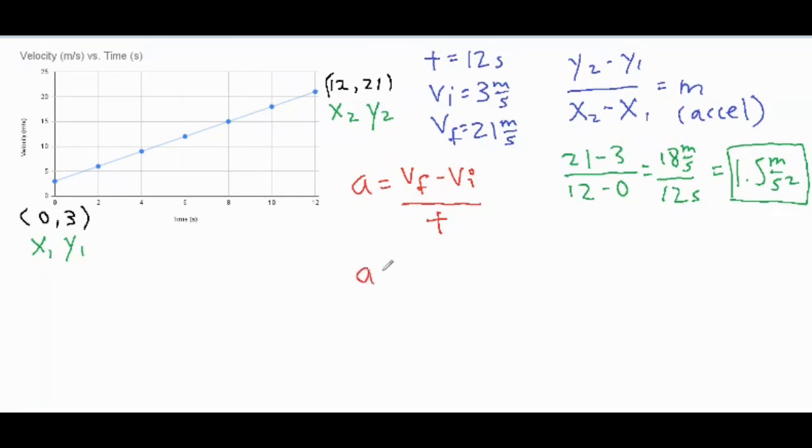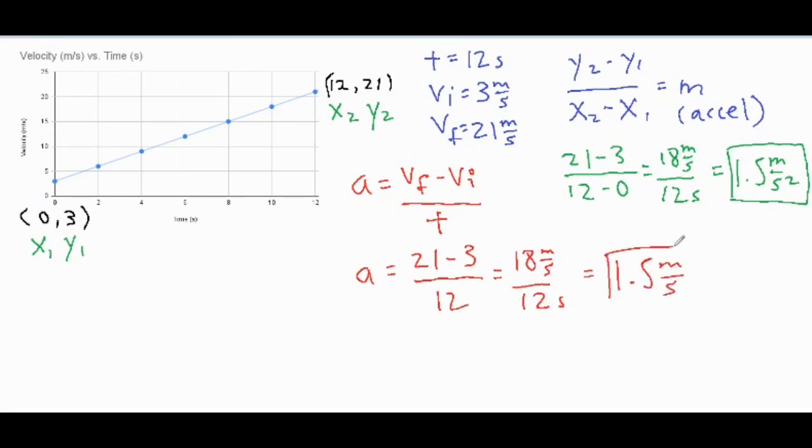If I do that, I'm going to have acceleration equals my final velocity of 21 meters per second minus my initial velocity of 3, and then divided by my total time of 12, and then I end up getting 18 meters per second up top, 12 seconds on the bottom, and I come up with the same value of 1.5 meters per second squared. Okay, as you can see, the way they work out mathematically is very, very similar.